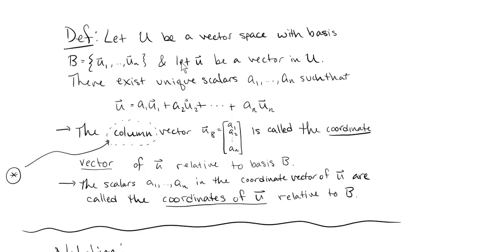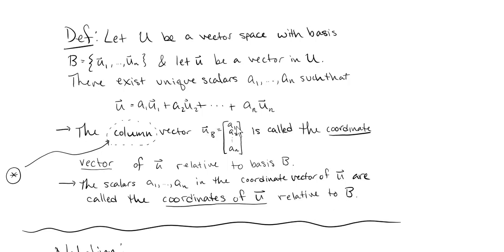So we are going to, with that setup, define the column vector U subscript B for the basis name, but it's this column vector filled up with just that unique set of scalars, A1 through AN. Right? This is called the coordinate vector of U relative to that basis B. And the scalars inside this coordinate vector, we just call those the coordinates of U relative to B.